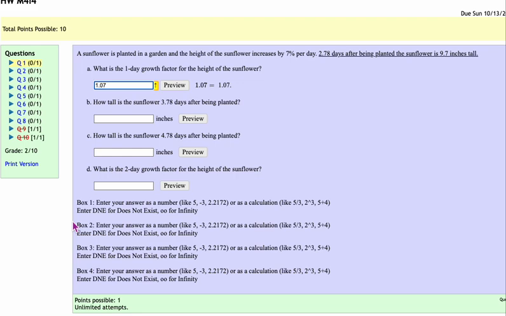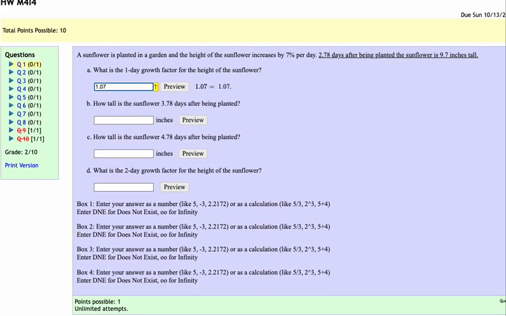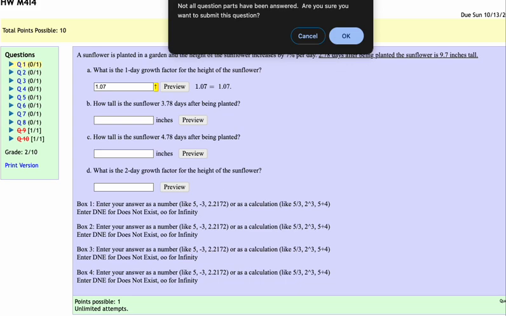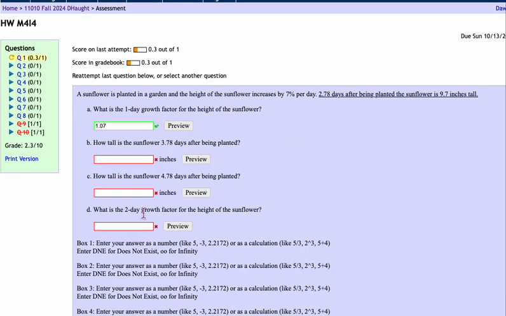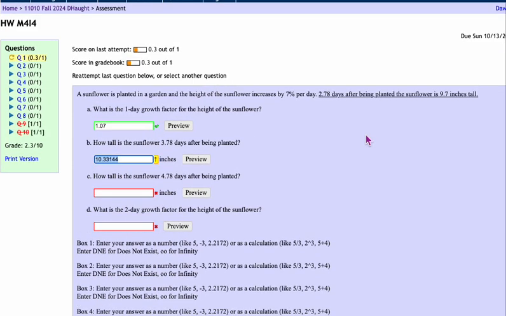Okay. Now, how tall is the sunflower? Let's just make sure. Then it says, how tall is the sunflower after 3.78 days? So you see how from 2.78 to 3.78 is exactly 1 day?